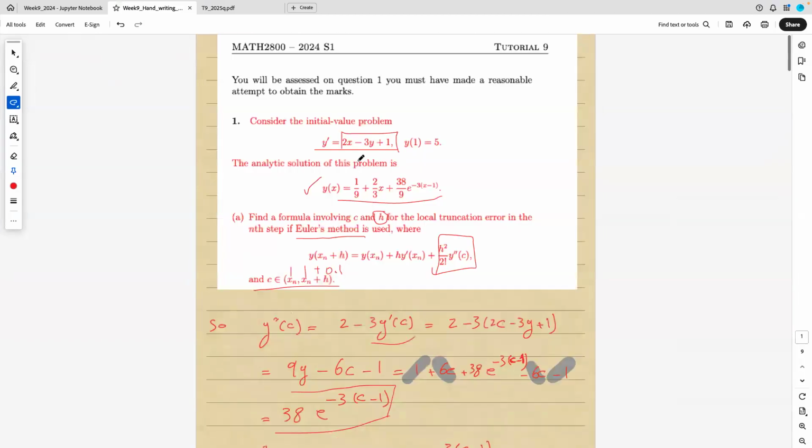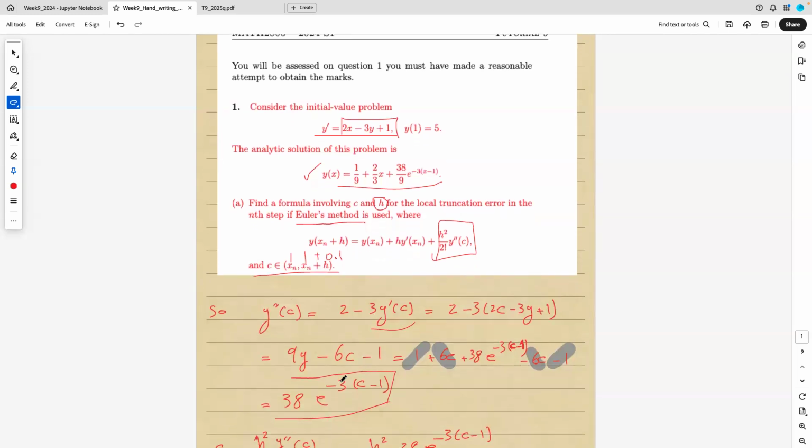So in case this one was not given to us, we could still obtain it. And even without this, we can still use this process to get the local truncation. So we really do not need the analytic solution to be able to get the local truncation.